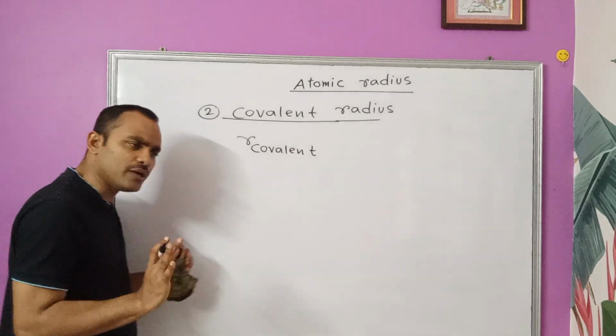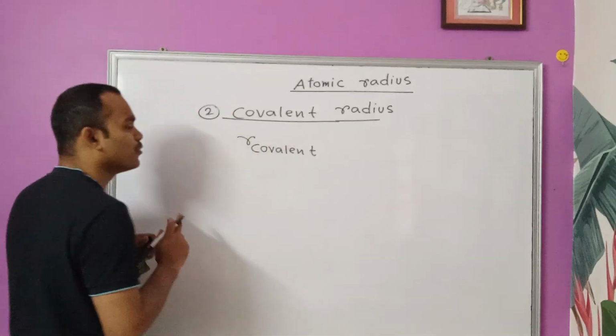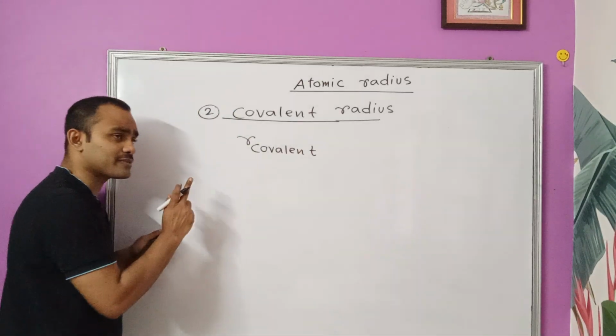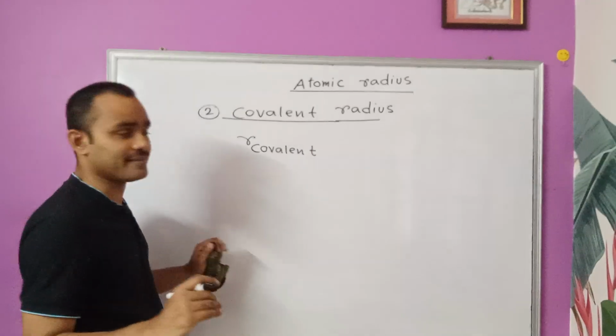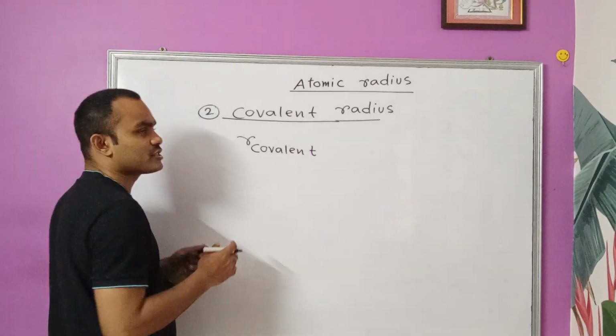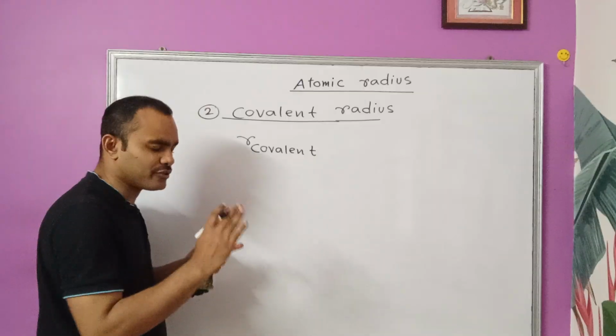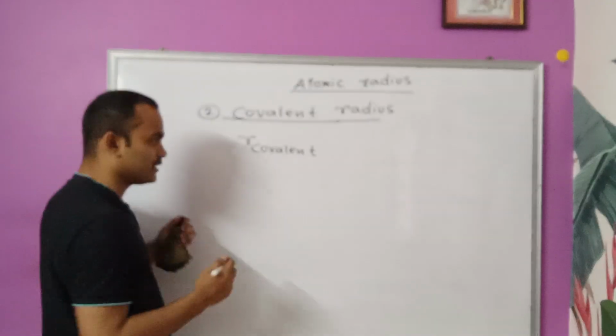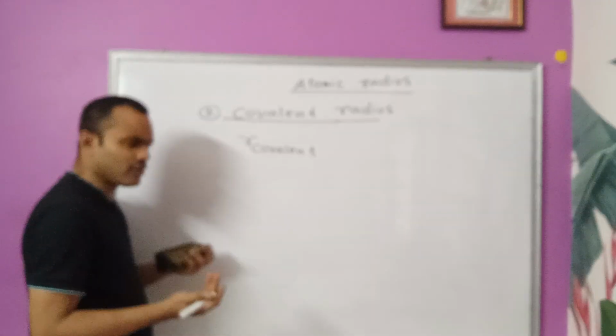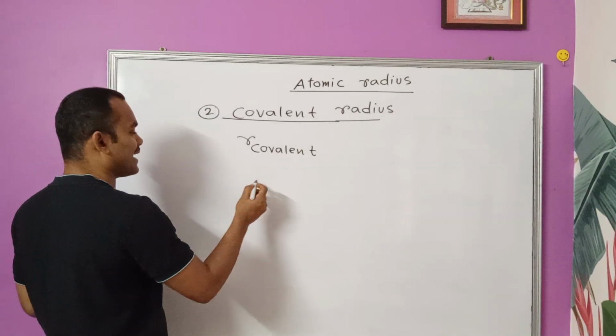In the case of a homonuclear diatomic molecule, homonuclear diatomic means the two atoms are similar, with no difference in electronegativity. If we consider hydrogen, two hydrogen atoms overlap one another, or chlorine, any non-metal. So these are homonuclear diatomic molecules.